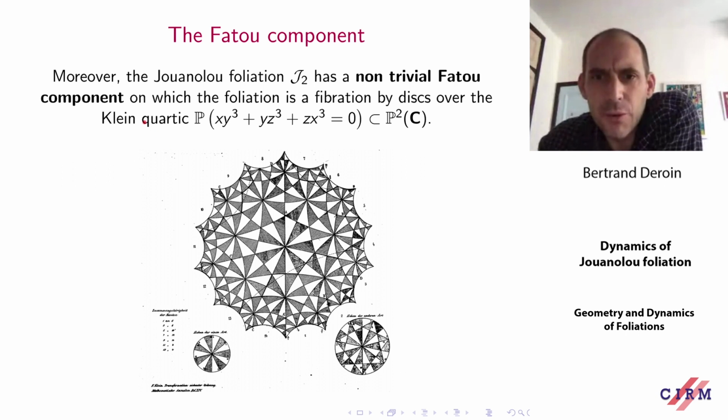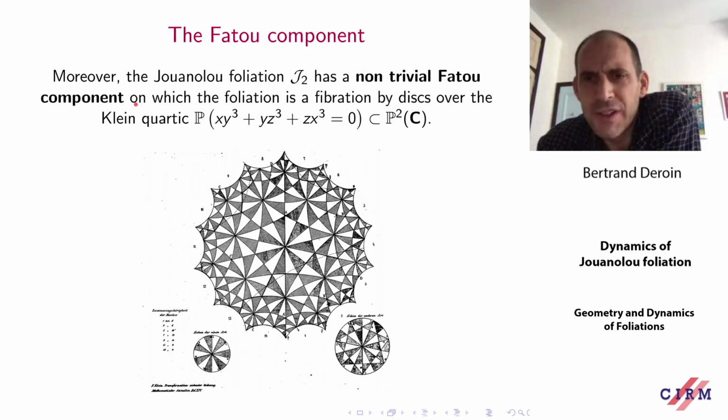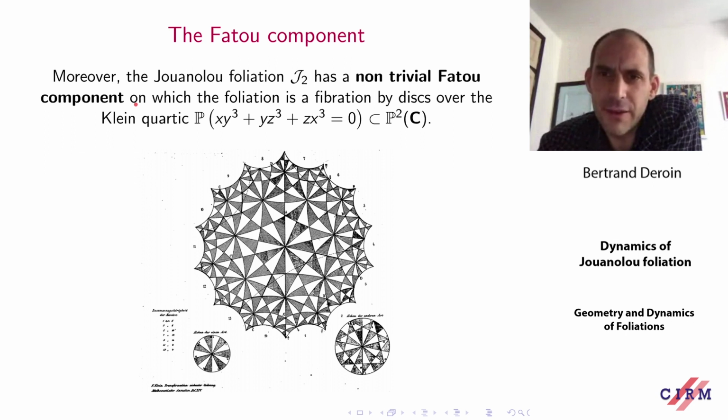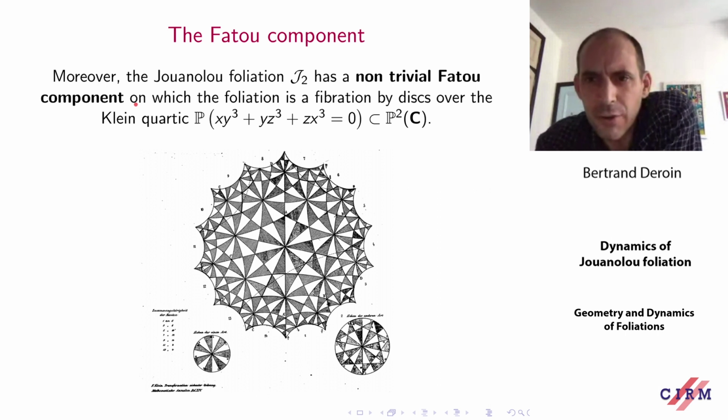Here, we analyze this Fatou component and we prove that it is an open subset of the complex projective plane, which is a union of leaves of the Jouanolou foliation. And in restriction to that open subset, the foliation is just a fibration by disks over a Riemann surface, which is the Klein quartic.